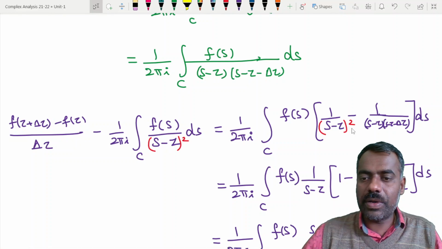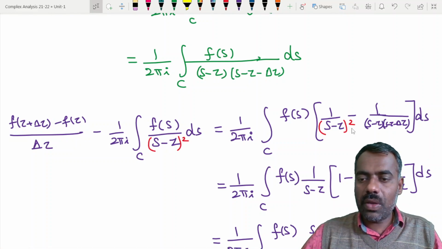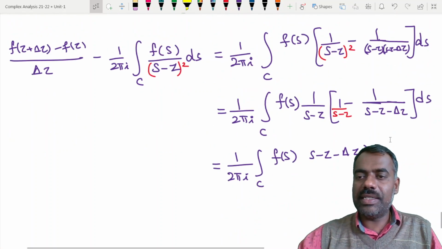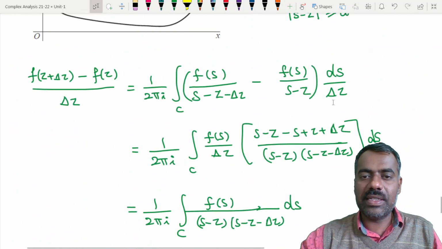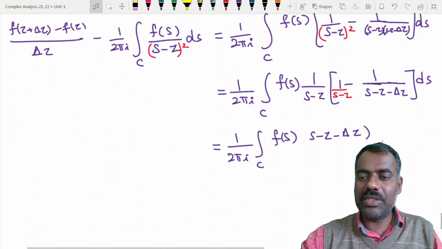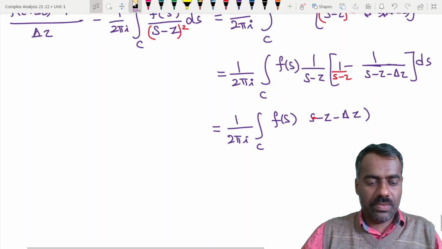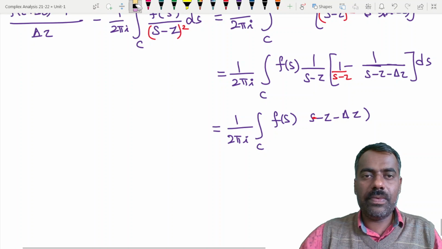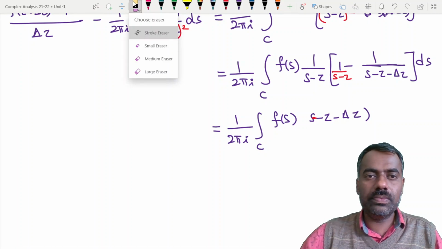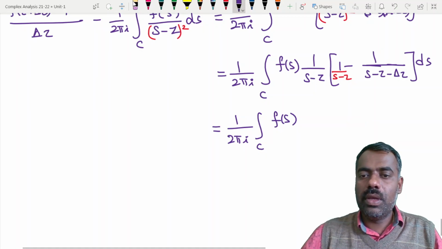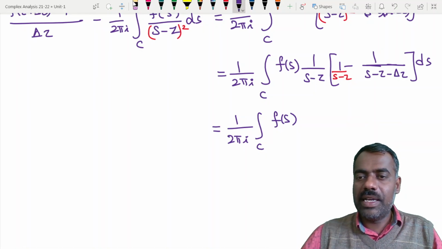So therefore this will become 1 by s minus z. Then you can check, just like how we have simplified here, 1 by s minus z and so on. So if you simplify, wherever we do even a small thing we will be interrupted, right? So this one is nothing but s minus z minus delta z minus s minus z.